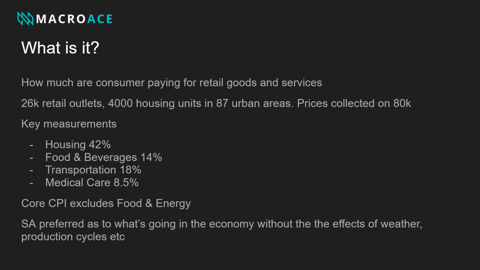So those seasonal factors are adjusted for. Hence, the month-to-month data and the core month-to-month data gets the most attention when it comes to looking at the inflation report itself.